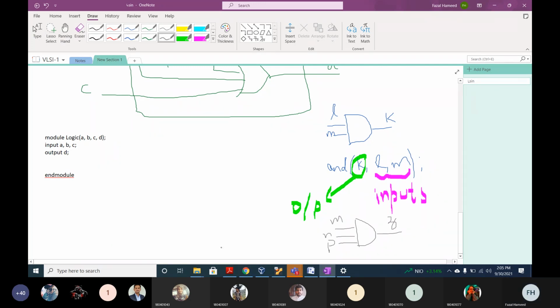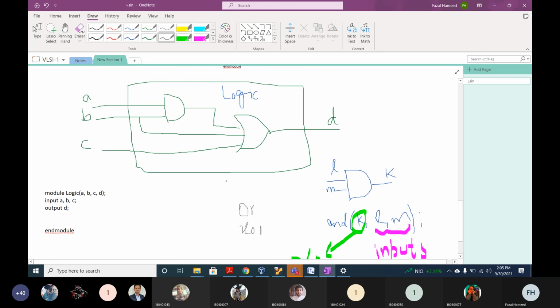AND Z, comma M, comma N, comma P. So this is a 3-input AND gate. Similarly, you can use other primitives. OR is used for the OR gate, and XOR is used for the exclusive OR gate, and these are primitives that you can use.